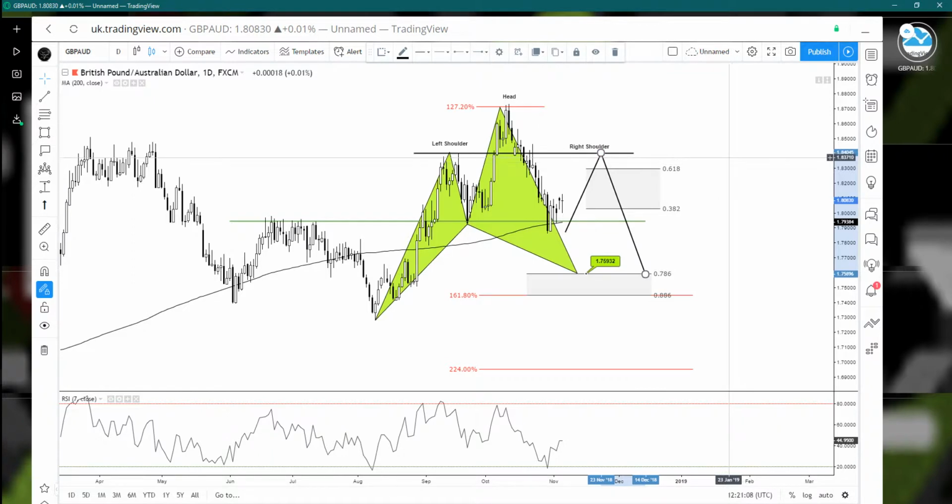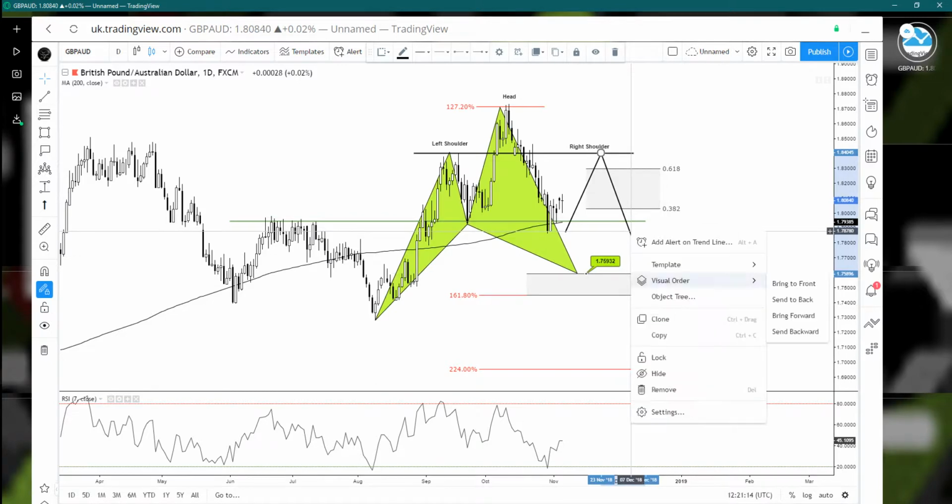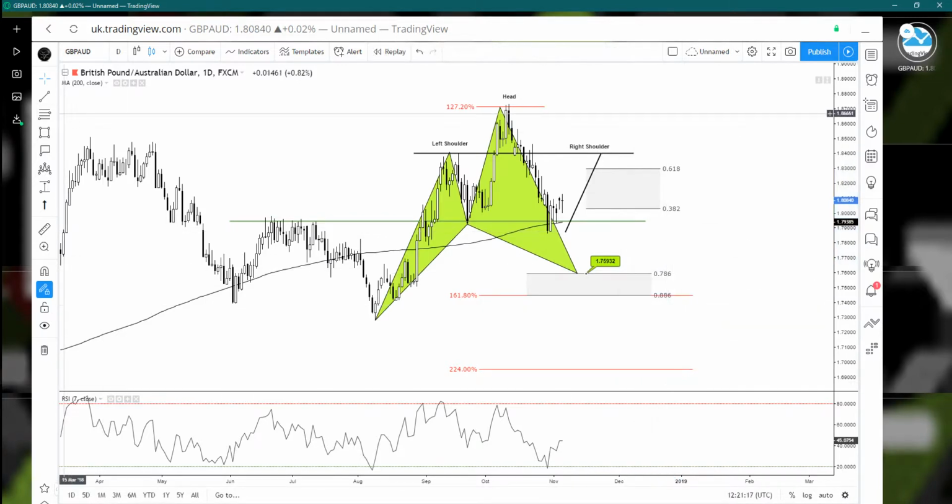Note that right below the neck zone we have one eventual cipher pattern at 78% retracement, which tends to search for the 38% retracement. It's already positioned here. So I admit the 38% retracement pullback as a retest of the broken neck.